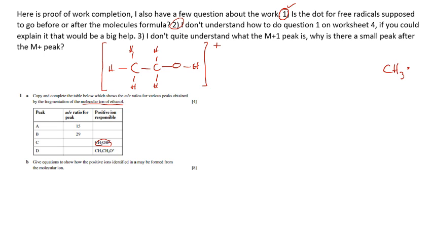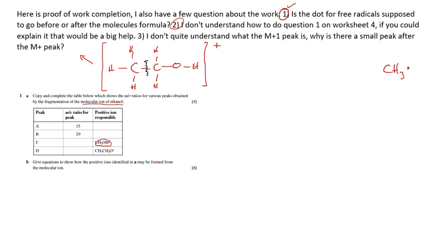Okay, so that ion is possibly fragmented. Let's say the fragmentation occurs here, where I've drawn that black squiggly line. Then in that case you could get a couple of possibilities. You could get a methyl free radical.